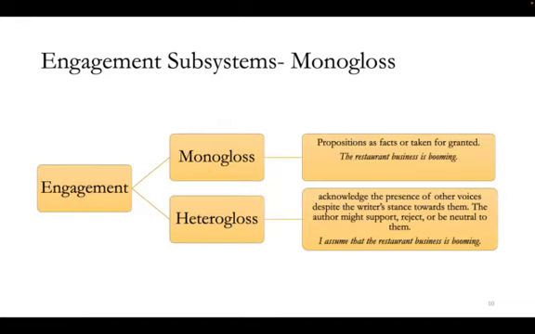In the monoglossic subsystem, propositions or opinions are presented as facts or as taken for granted. However, in the heteroglossic resources, authors acknowledge the presence of other voices. They bring forward other voices, but they do so by either supporting them, rejecting them, or being neutral and just presenting them in the discussion.